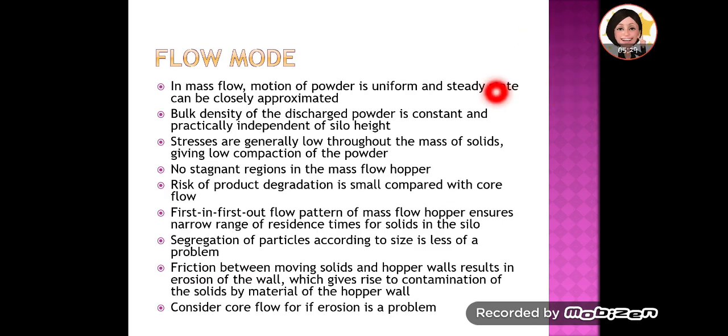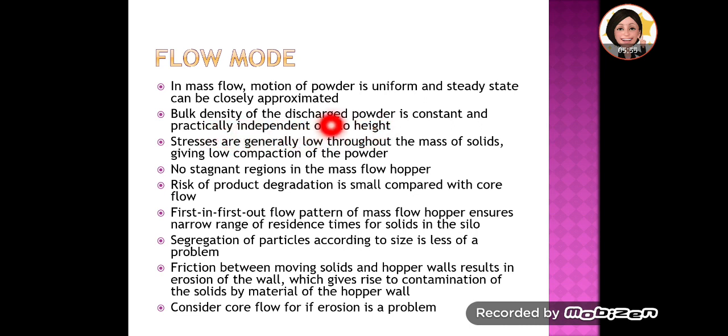These are a list of characteristics of mass flow. In a mass flow, the motion of powder is uniform. So it moves uniformly and at steady state. And the bulk density of the discharged powder is constant and independent of the silo height.